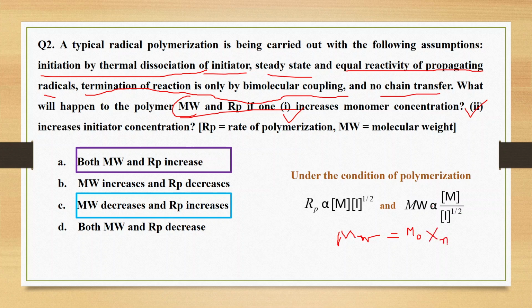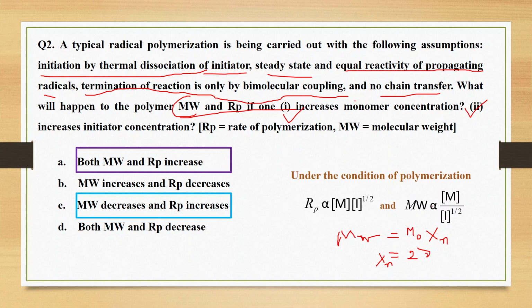While the reaction is proceeding, Xn is related to kinetic chain length by 2 into nu, where nu is the kinetic chain length. So we can say the molecular weight is proportional to the kinetic chain length. And if you look at the formula for kinetic chain length, it is Kp M divided by 2 into f Kd I to the power half. So we can write that it is proportional to M and inversely proportional to I to the power half.